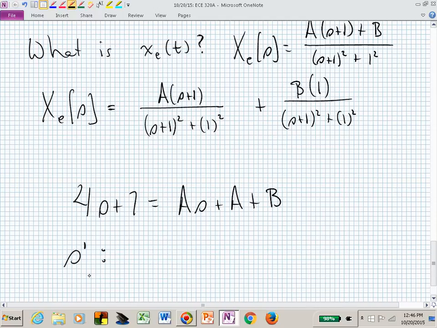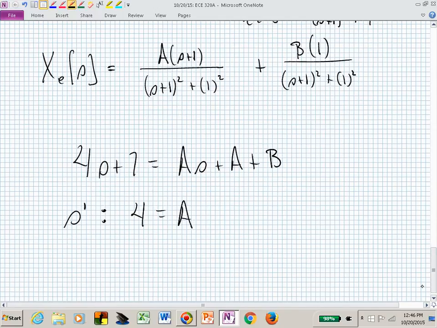Equating coefficients of s, we have 4 on the left and we have a on the right. There's our a. And if we look at the constants, or the s to the 0 coefficients, we have 7 on the left and we have a plus b. We just found that a was 4.